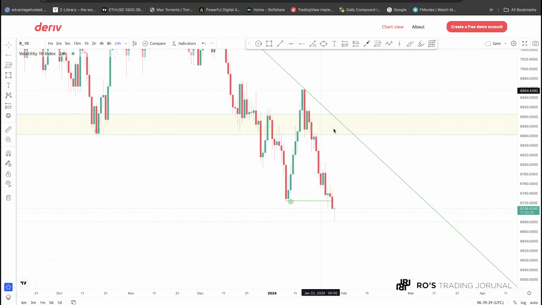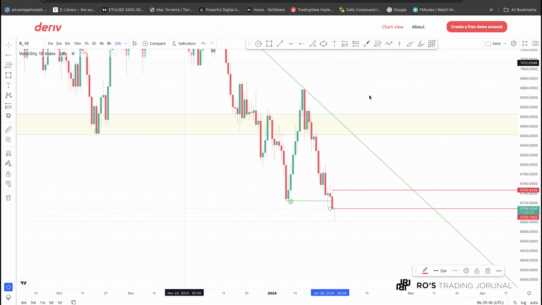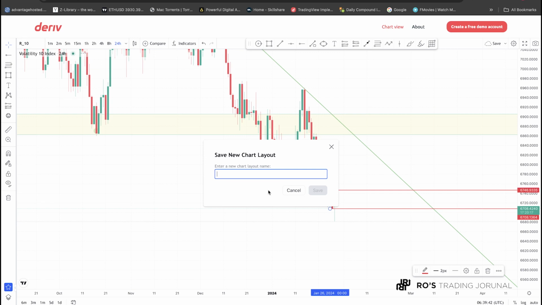So this right here will be my previous day swing high and swing low, and that's it for the daily time frame. So I'm going to save this as V10 for 2.